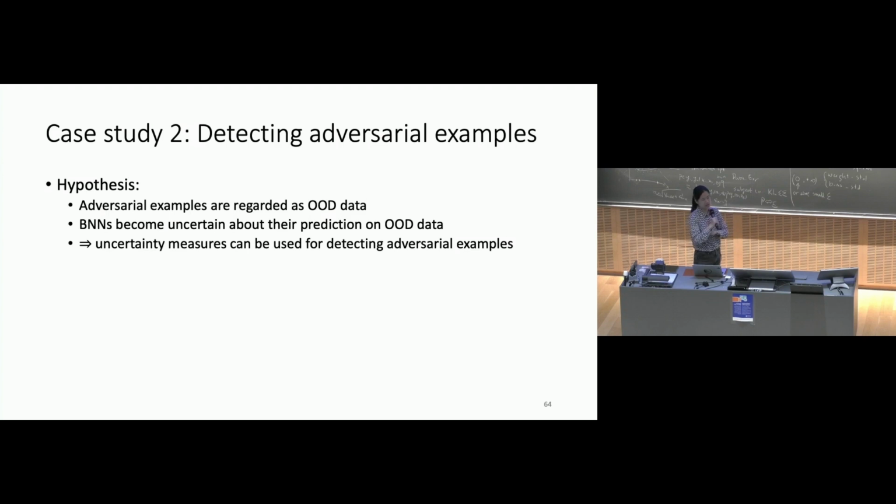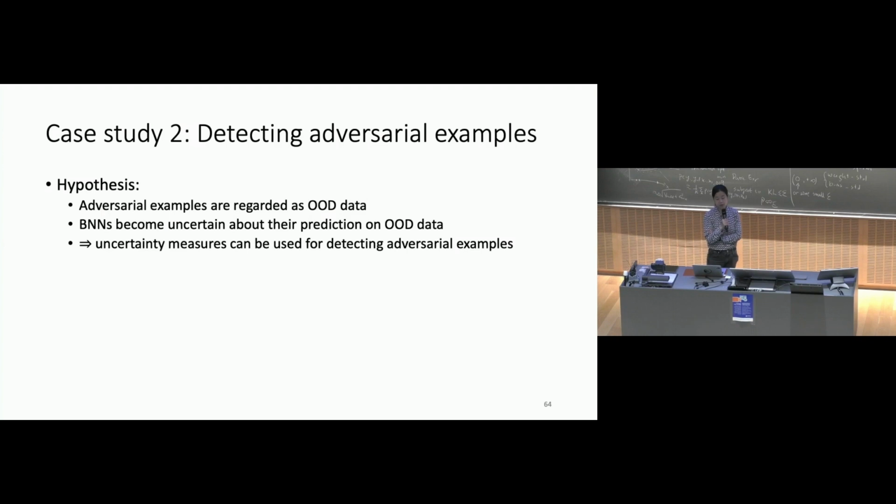In the very beginning, when we motivated Bayesian neural networks and the approximate inference methods, we talked a little bit about OOD data and also adversarial samples, right? There is this hypothesis that having some uncertainty estimate and using Bayesian neural networks can help alleviate the problem of adversarial example weakness for your neural network. So here's the hypothesis, right? Adversarial examples are usually regarded as OOD data, or at least you want them to be OOD data, okay?